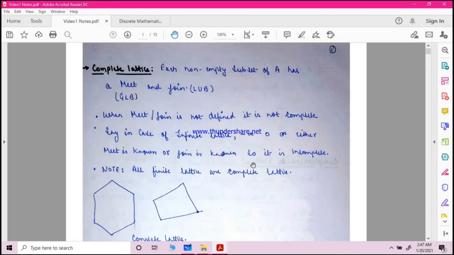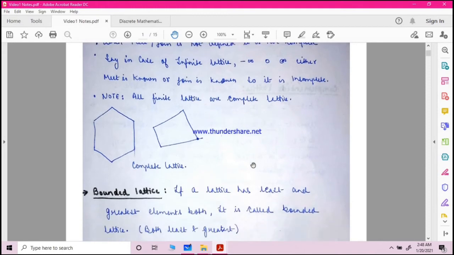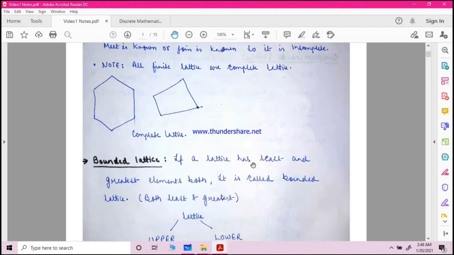So not all infinite lattices are complete lattices. All the finite ones are complete lattices, but not all the infinite ones are. This is one example of a complete lattice, as I can easily find out the meet and the join in this diagram.